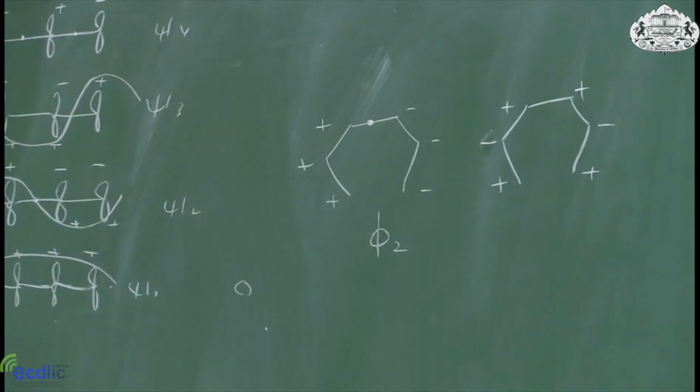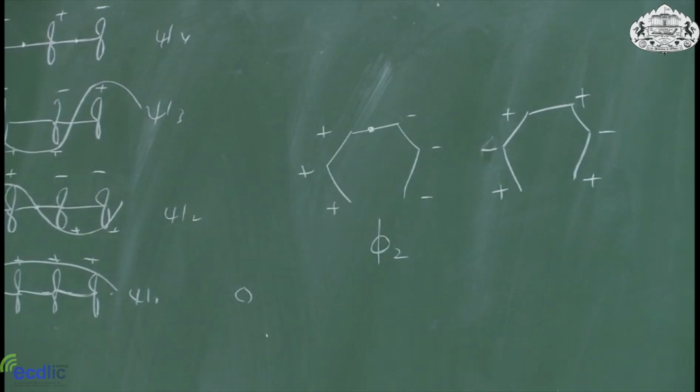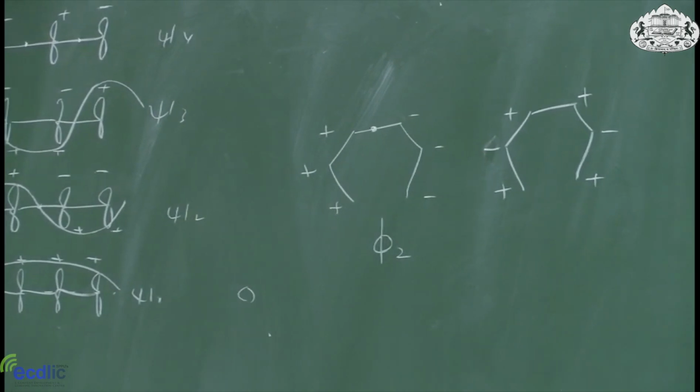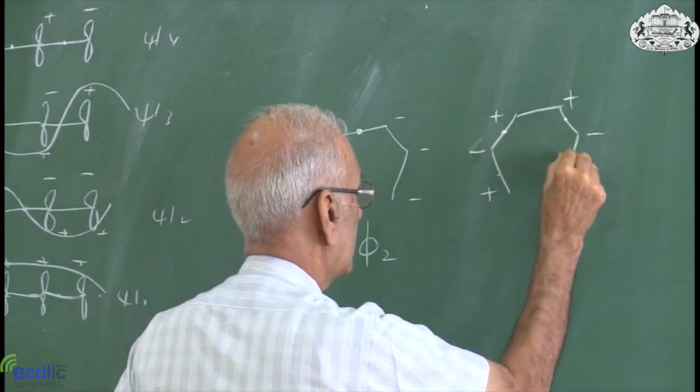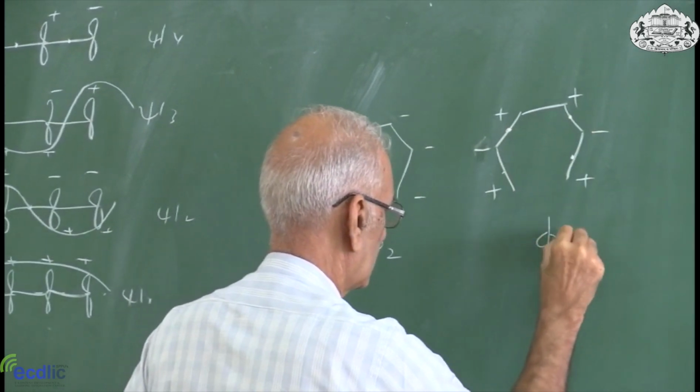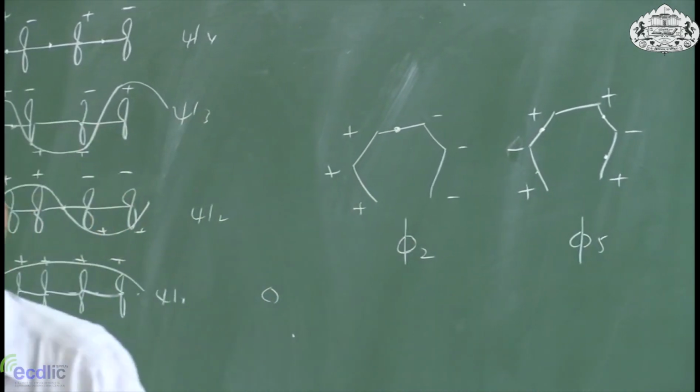How many nodes are there in this orbital which I have written? 4 nodes. 1, 2, 3, 4 nodes. So, this is obviously your fifth orbital.